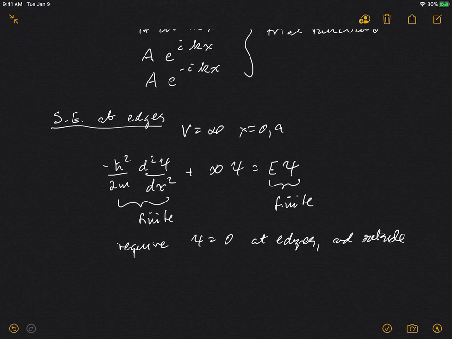If there's probability density outside the box, then it's not a particle in a box. So it makes sense. We can either use this argument or just go back to our physical picture to state that the wave function has to vanish at the edges of the box.